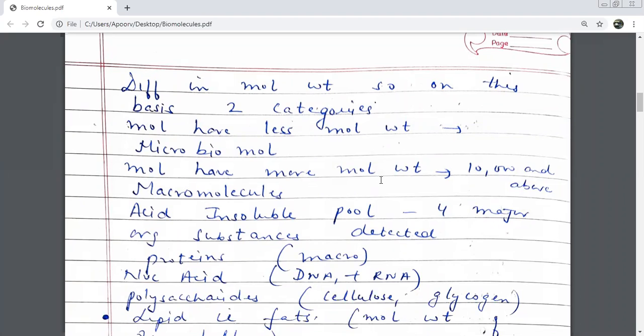Ones which are less than 10,000 come in a different category, and the ones which are more than 10,000 come in a different category. Micromolecules and macromolecules.